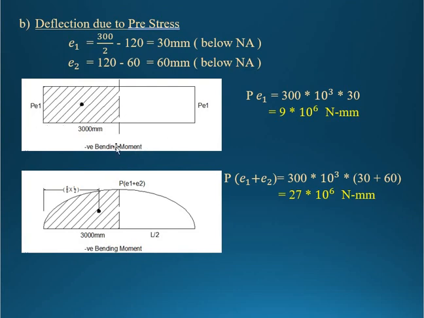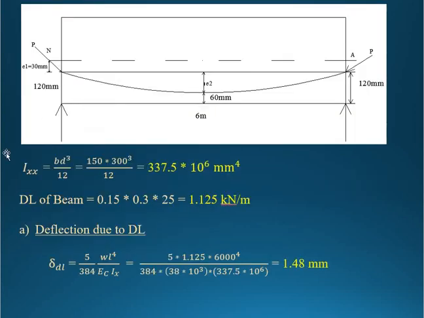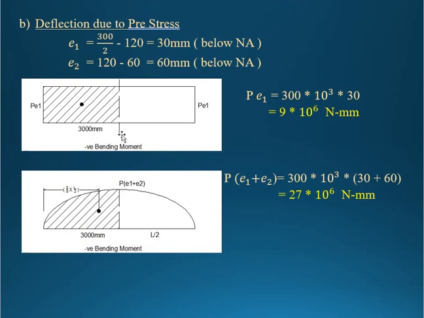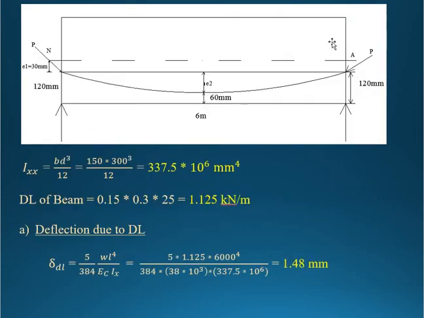Now it is about the bending moment diagram. The first one, whatever bending moment diagram I have written, it's a rectangular section. The rectangle is whatever lines you can see here, the dotted line as well as this solid line. In between those two lines, E1 is present, that is, the eccentricity is 30 mm.